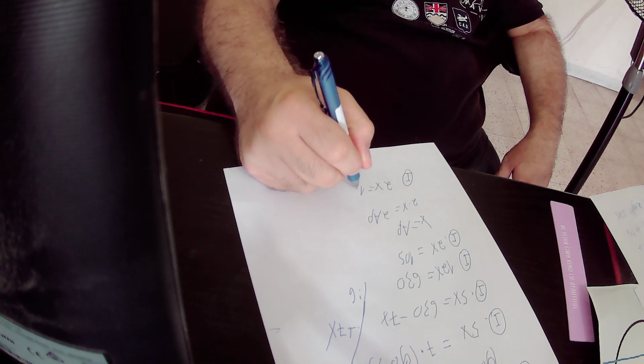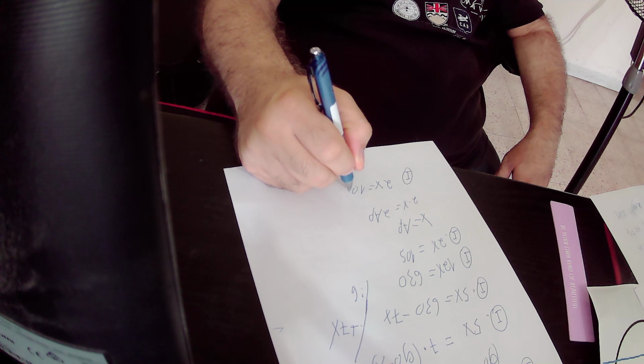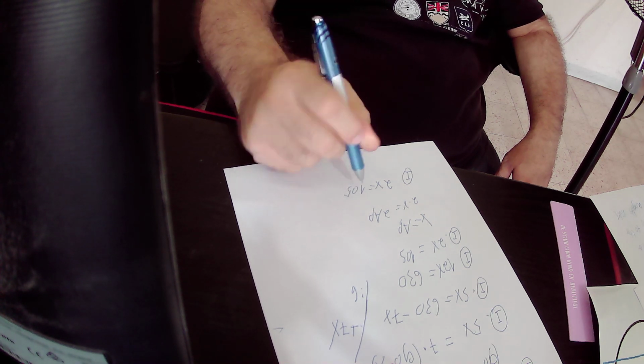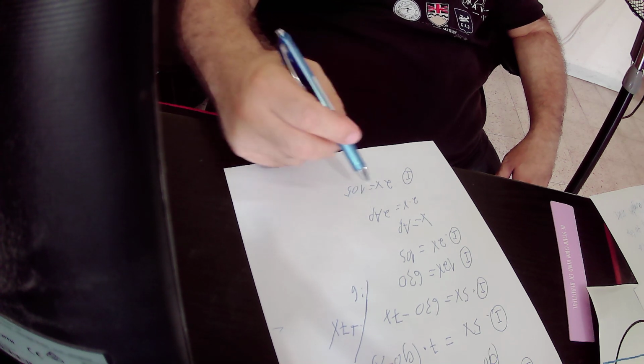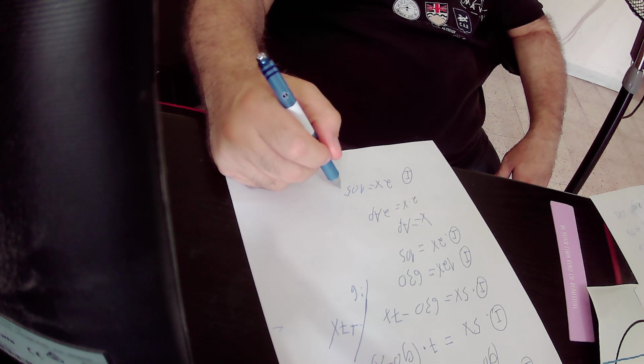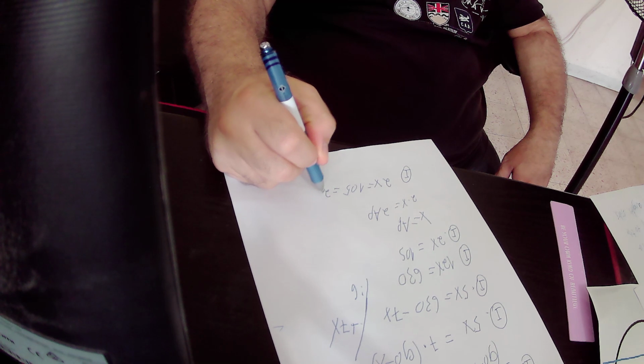Yes, this is the first equation, but we know also that 2 times x equals 2 times AP, so we will add that 2 times x also equals 2 times AP.